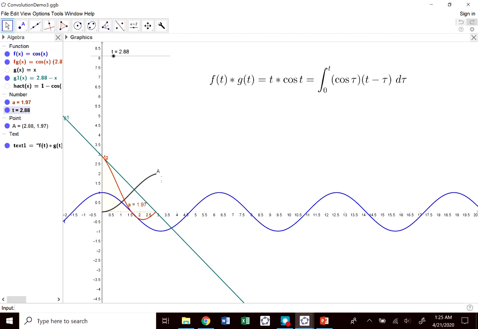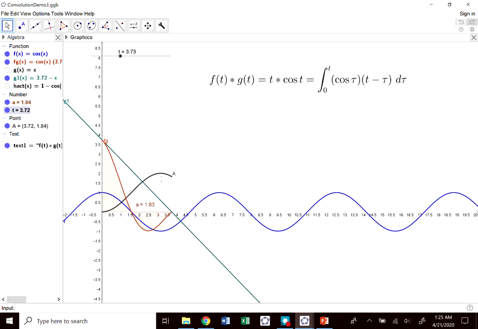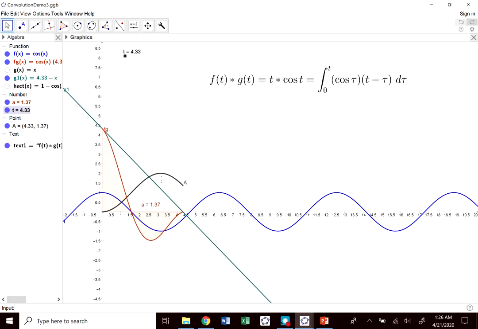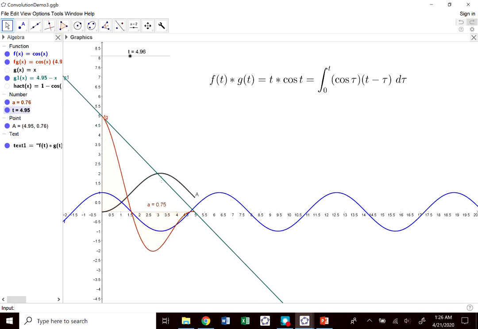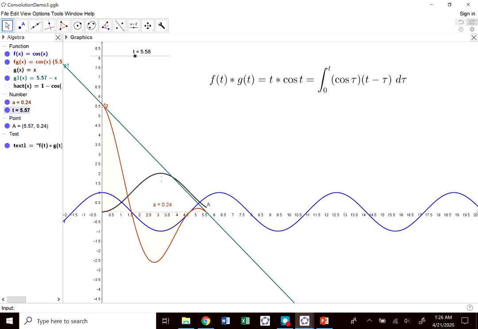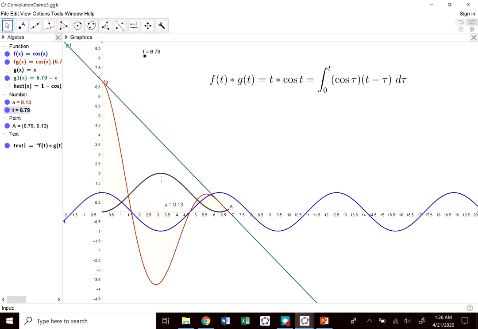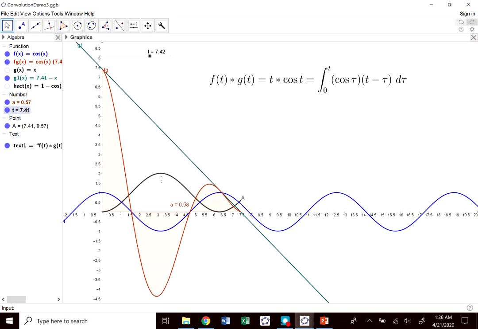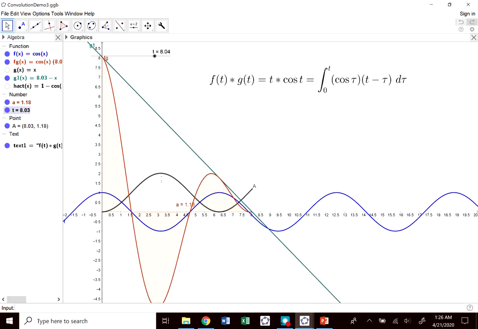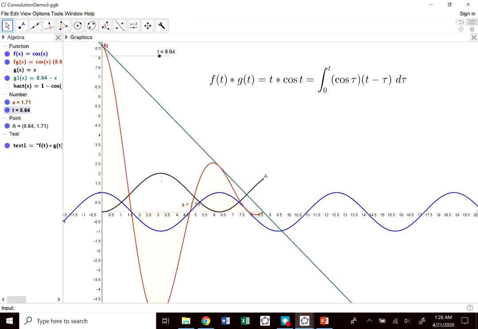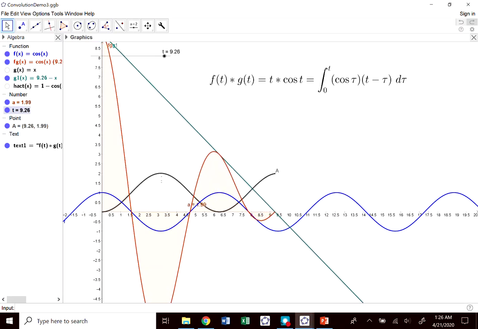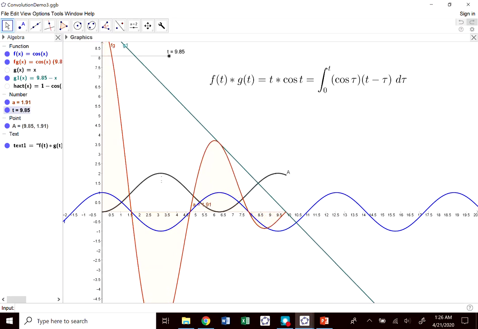Okay, and it's progressively being calculated as you see here. And when you look at that, that's a graph that is like a sine graph shifted up. Okay, so this is what convolution actually means.